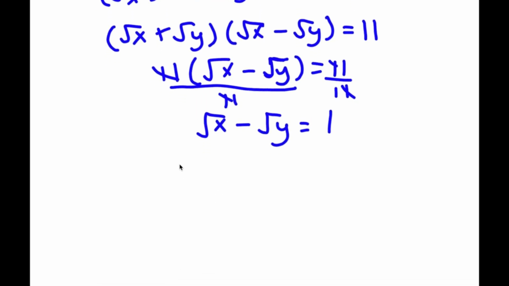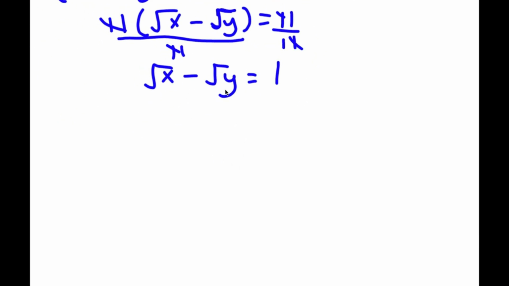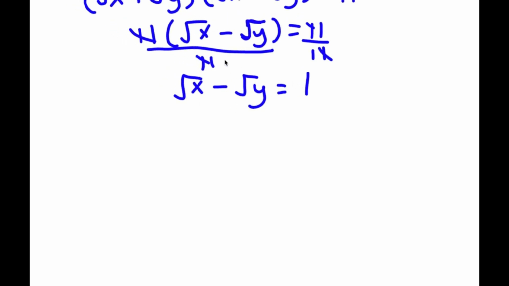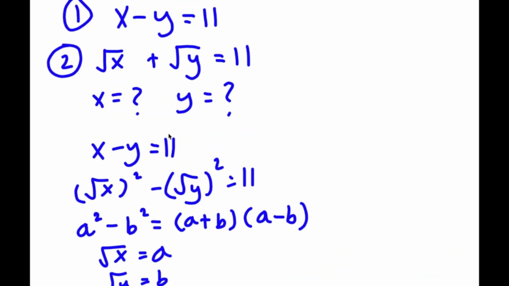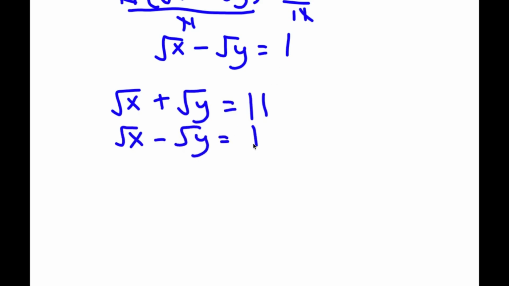This is a new equation we just found out. So I have the square root of x plus the square root of y is equal to 11 and the square root of x minus the square root of y is equal to 1.